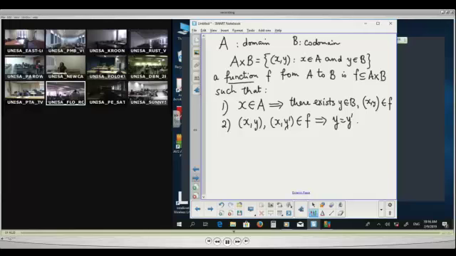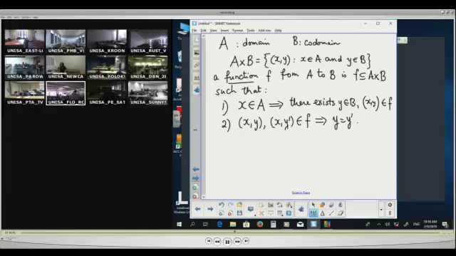Every input has one and only one output. So my understanding of creating F was taking those pairs where the first coordinate is the input and the second coordinate is the output. Right? So that was my understanding.